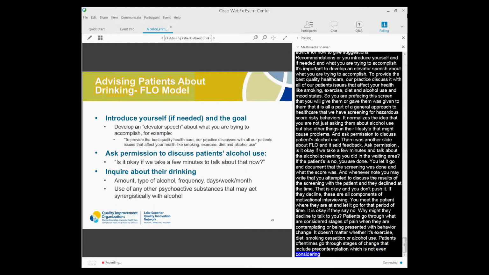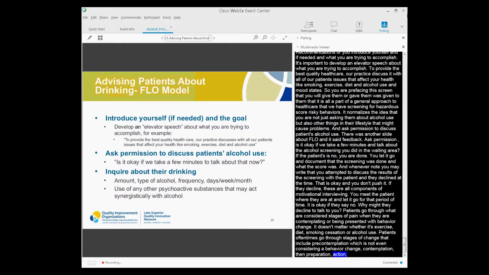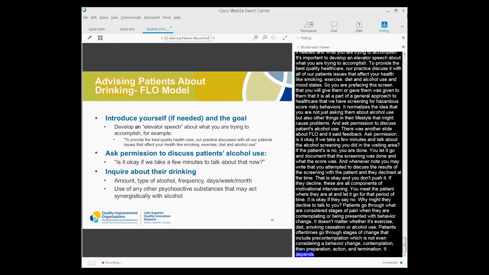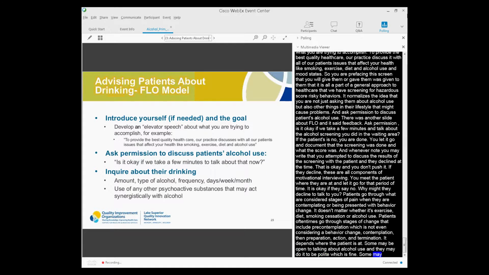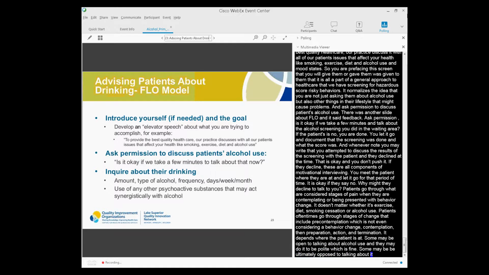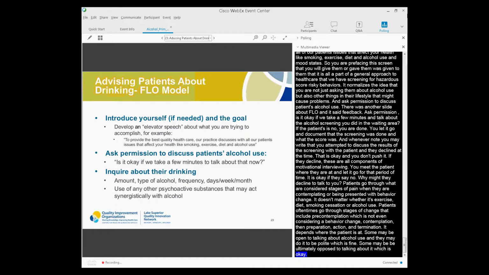So it depends on where the patient is at. Some of them may be open to talking about alcohol use. They may do it just to be polite, which is fine. Some may be vehemently opposed to talking about it, and that's okay. They're certainly at the pre-contemplative stage of change. But that's okay. So you put it down, and maybe next time they visit, you bring up the discussion of their alcohol use again.